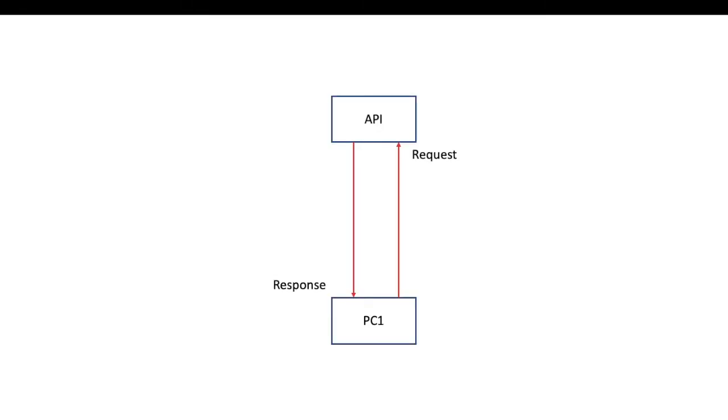So here's an example. If we have a host with an API, and here we have a client or a station PC, and you send a request to the API, you will get a reply. So it's just one request and one response.